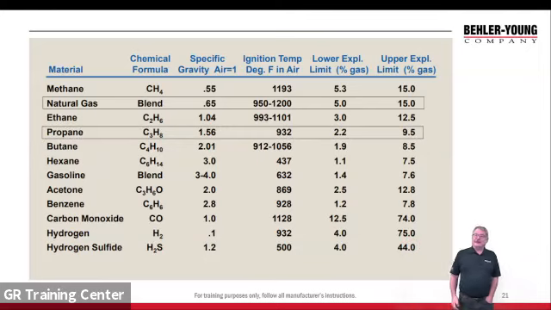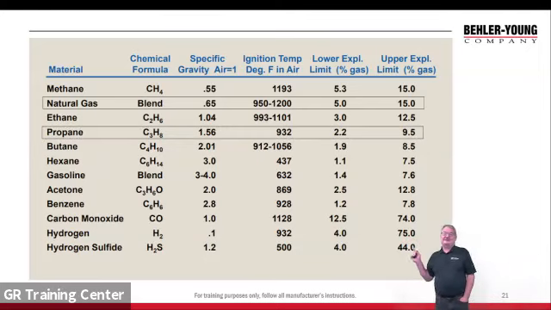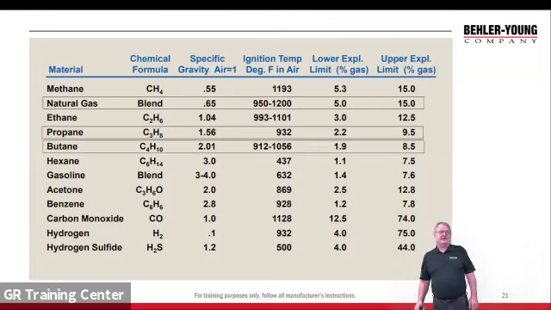Okay, so propane. Now propane, look, it has a lower explosive limit of only 2.2%. So I need less propane in a space to make it explosive. And the upper limit, though, is 9.5%. So it is also less. But again, like we talked earlier, once we fall below that limit, as we ventilate, we're going to be back in the explosive area.